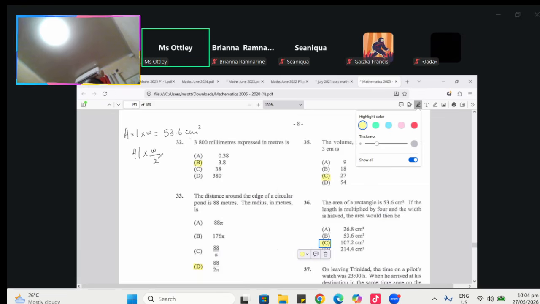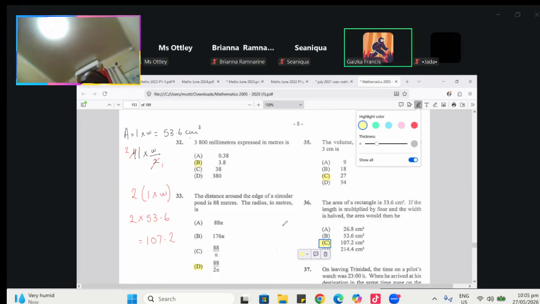So if I work this out, I am going to do some cancellation: 2 into 2, 1; 2 into 4, 2. So I have 2 times the length times the width, which gives me 2 times the original area, because length by width is area. That works out to 107.2.